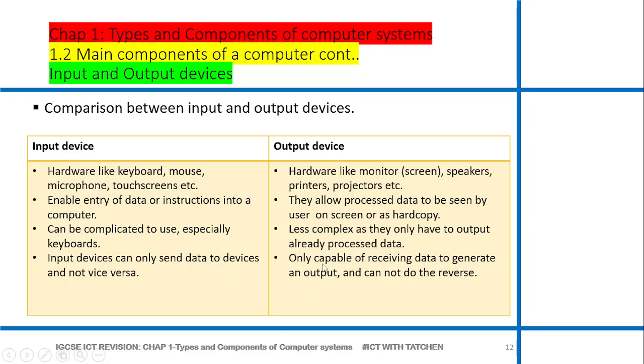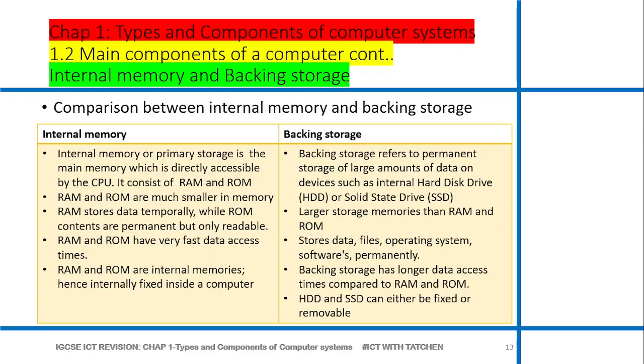The outputs are only capable of receiving data, and then they generate output from it. So input, you just enter data, while the output just receives and generates output. So these are some main differences between an input device and an output device.